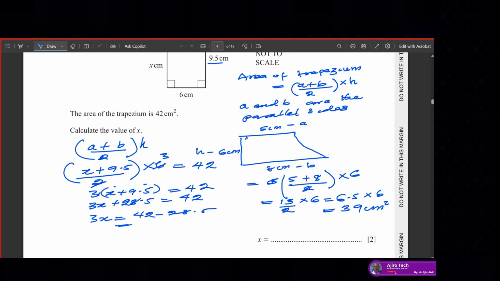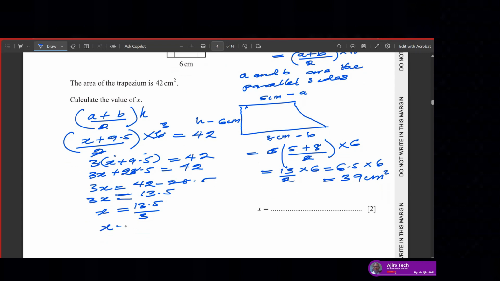And that gives us 13.5. So x becomes 13.5 divided by 3. Do you get this? That's 4.5. So x is 4.5.